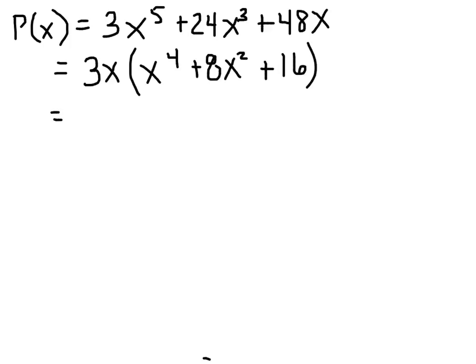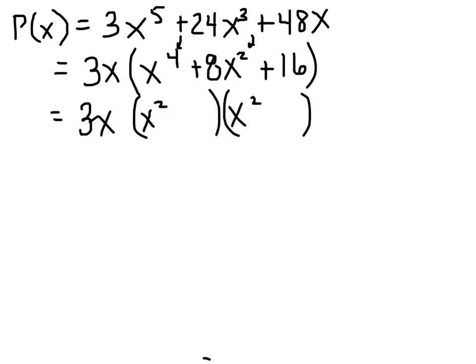Now even though it's not a quadratic, it's what we consider a quadratic type, because we have a 4 here as the highest exponent, and then half of that is 2. So when we look at that, what times what gives me x to the 4th, which should be x squared and x squared. And what times what gives me 16 but adds up to 8 would be plus 4 and plus 4.